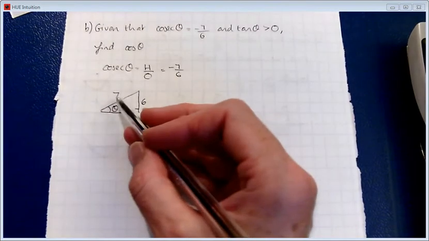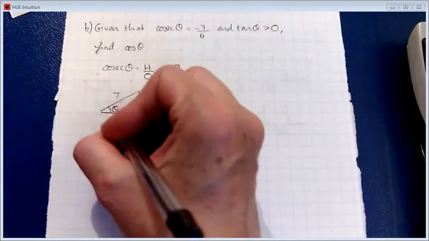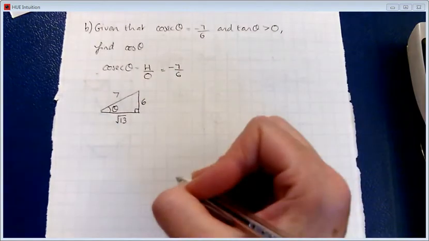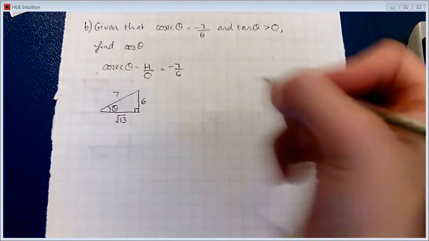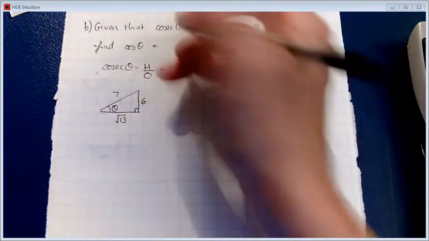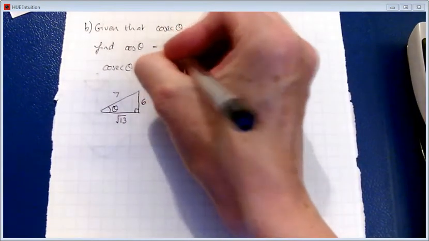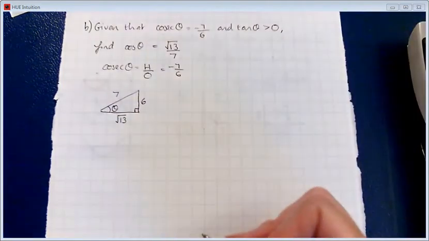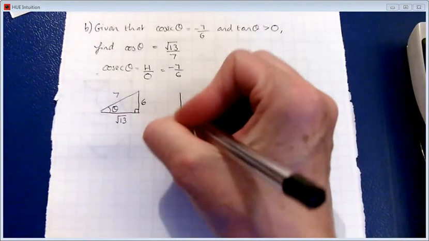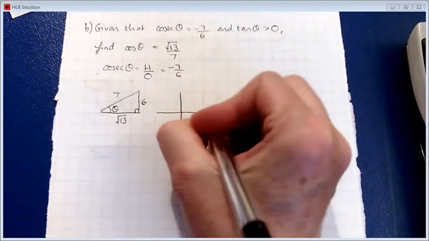So if you do 7 squared take away 6 squared, you get 13, so this will be √13 on that side. We have to find cos, so we know it's going to be adjacent over hypotenuse, but we need to know what the sign is. So again, I'm going to do a CAST diagram to help me decide.